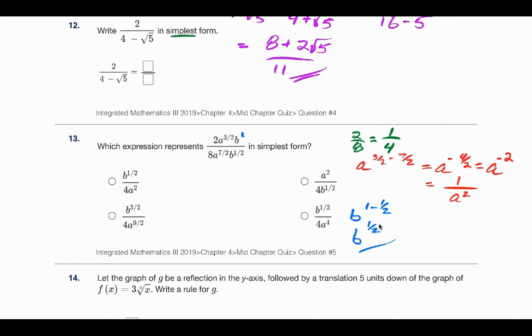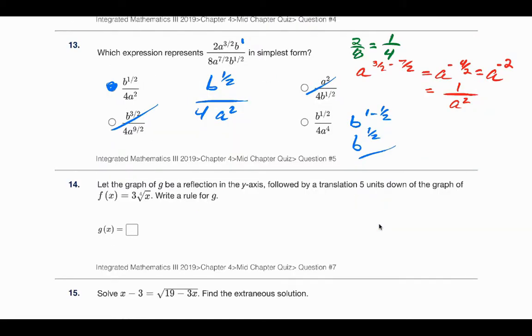So up on the top we're going to have b raised to the 1/2 power. Well, look at that. It's going to get rid of that one there. And then we have a 4 on the bottom, and we have a squared. So it's going to be that one. Notice how they made it so that we could get rid of one of them right away.